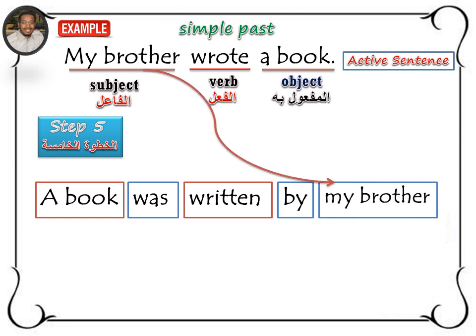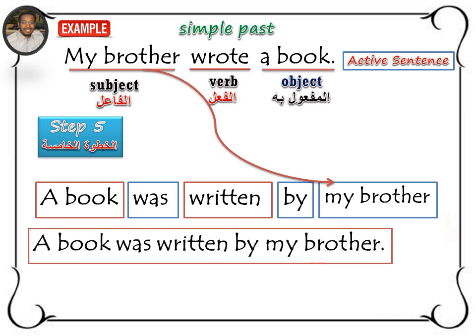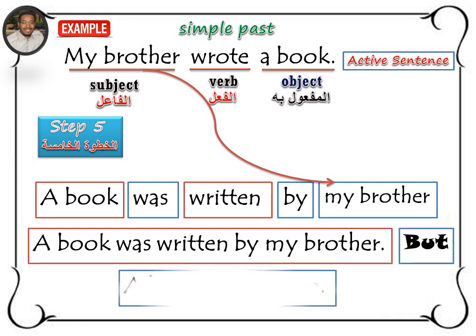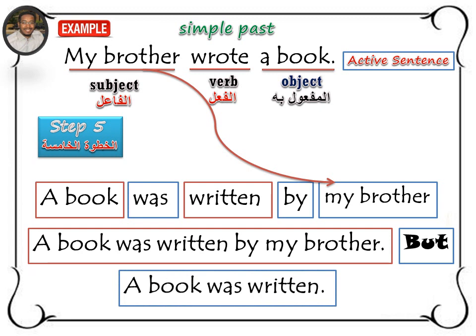And the result is a book was written by my brother. But if you say a book was written, it is also correct, and it's even better.